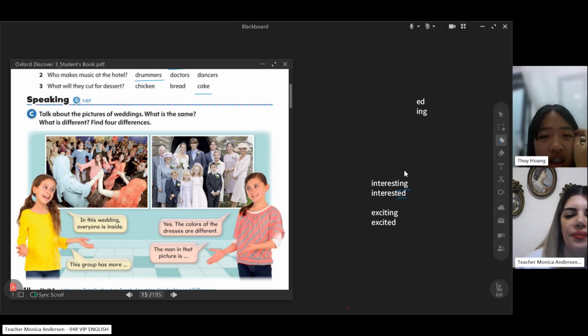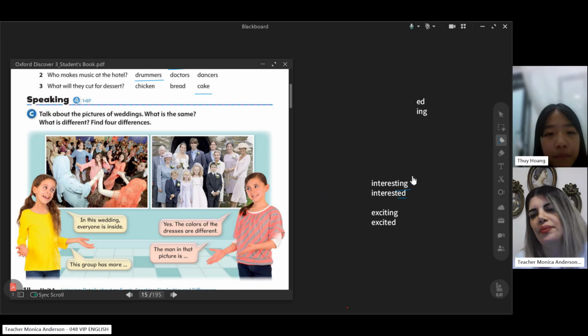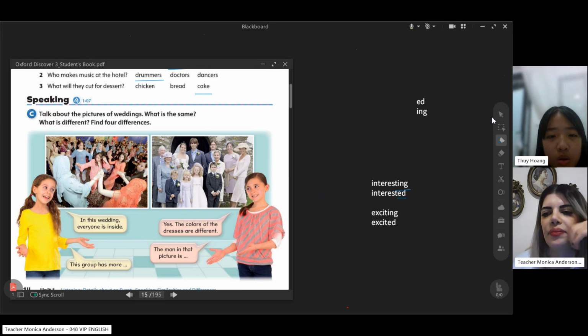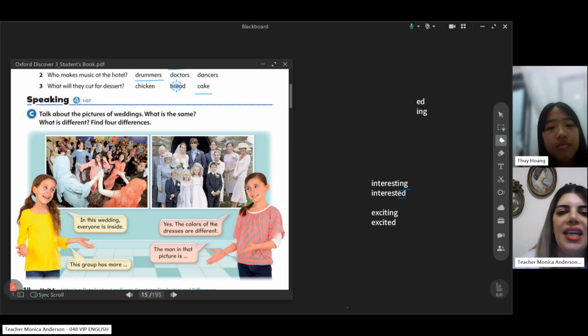The difference is in picture two they are not dancing. Okay, so let's see.